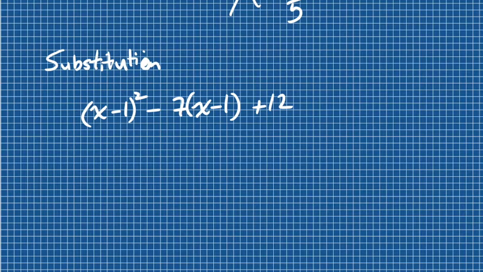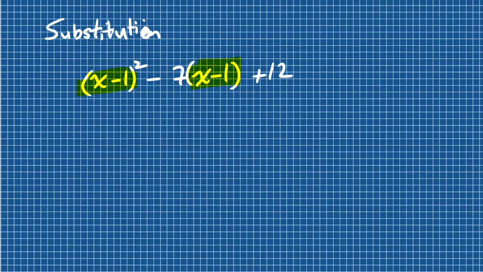Like in this case, you see that there's an x minus 1 in both. We talked about terms and factors, you could think of this as 3 separate terms, this problem right here.